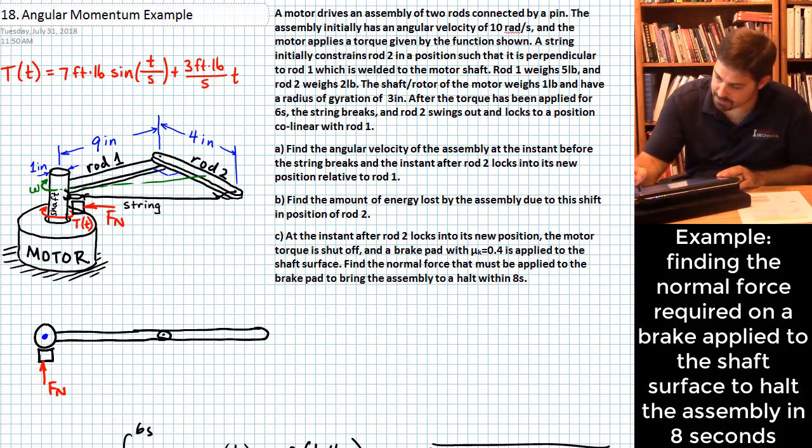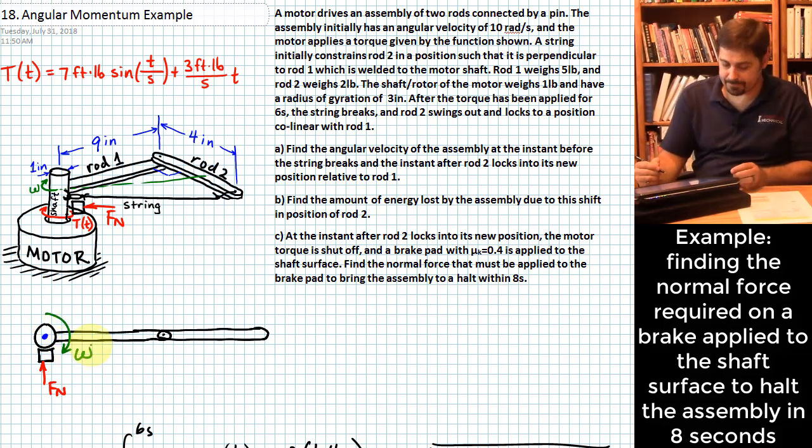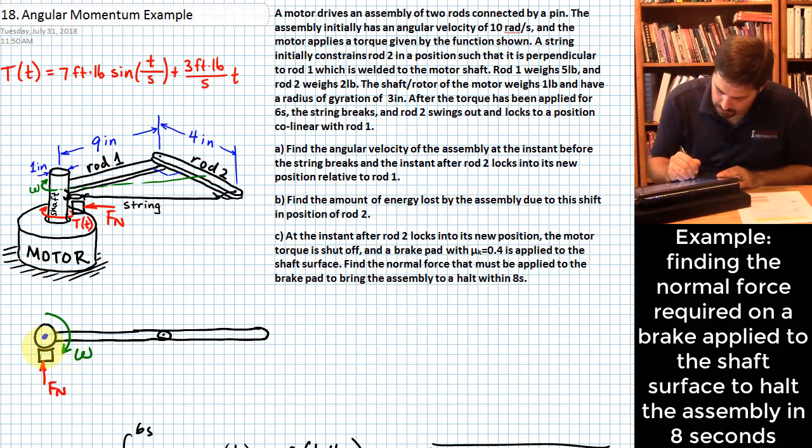This thing has maybe an angular velocity like so. Well, if the angular velocity is like that, then we're going to be reacting with a force at this surface of Fn times mu sub k.